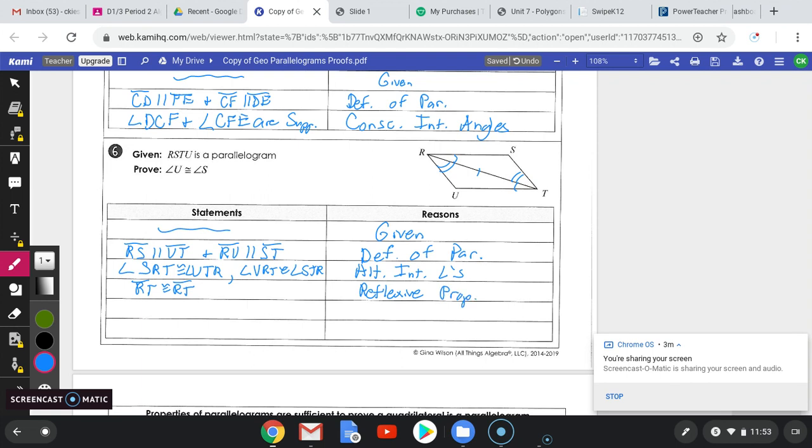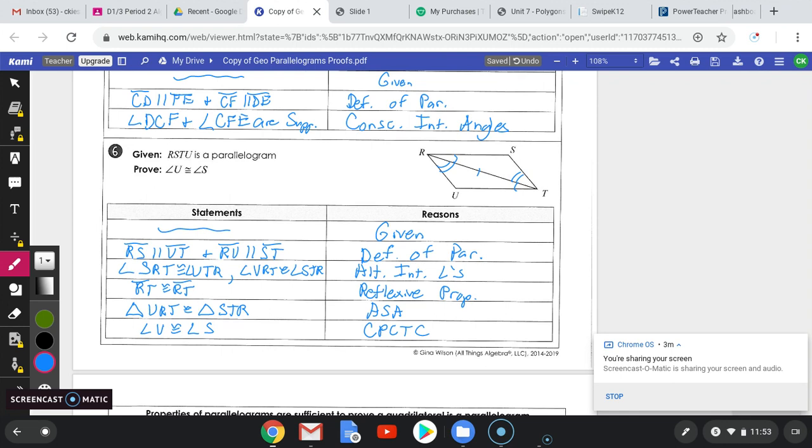And then we can say that triangle URT is congruent to triangle STR because of ASA. And because we proved the triangles are congruent, we can prove the parts. So angle U is congruent to angle S because of good old CPCTC. So that's what you'd have to do if you're given that something's a parallelogram.